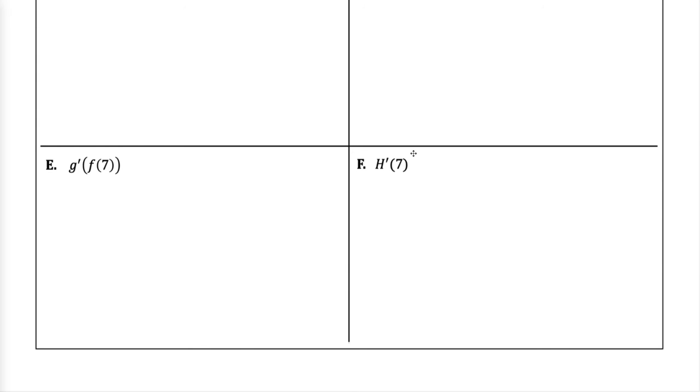I can't see it on the top anymore. Was I correct? Is h f of g of x? Yeah. Okay. I just want to make sure it wasn't g of f of x. So h is f of g of x. h prime would be f prime of g of x times g prime of x.